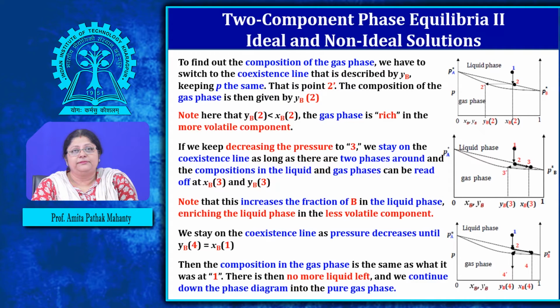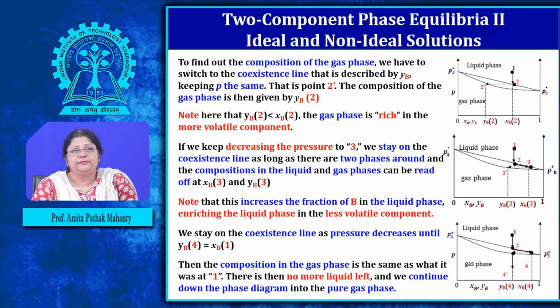Increasing the fraction of B in the liquid phase enriches the liquid phase in the less volatile component. When we are increasing the mole fraction of B in the liquid phase, that means we are going towards 1. What we are doing in the process is enriching the liquid phase in the less volatile component, meaning whichever is less volatile will be retained because we are not getting that gas formed.